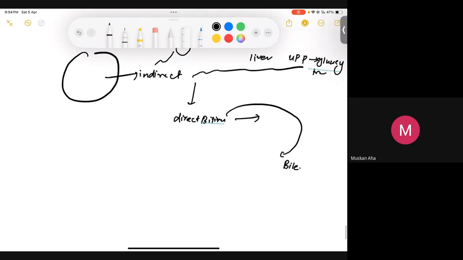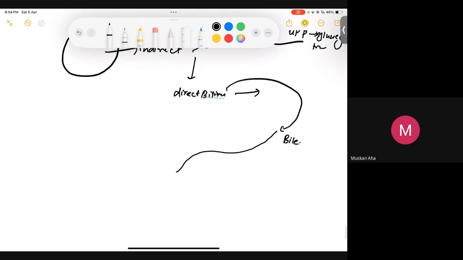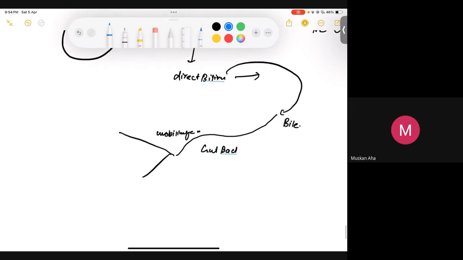Once released in the bile, it comes into your intestine, and your gut bacteria convert this direct bilirubin into urobilinogen. Urobilinogen is further converted into reduced forms: the more reduced form is stercobilin, and the less reduced form is urobilin.